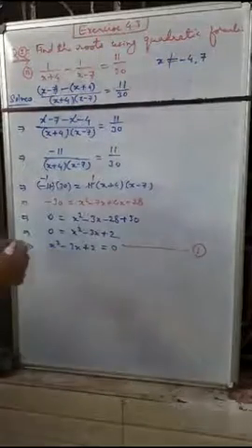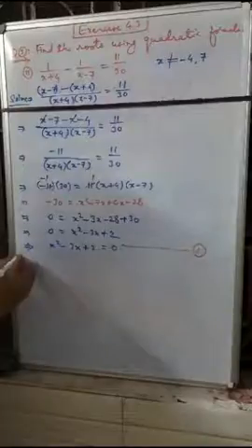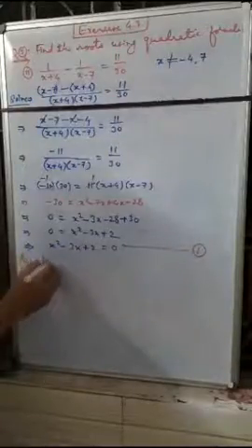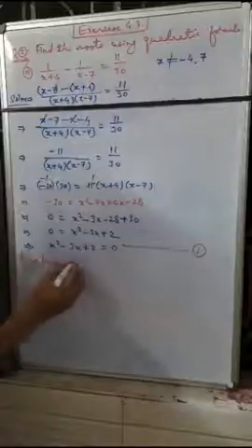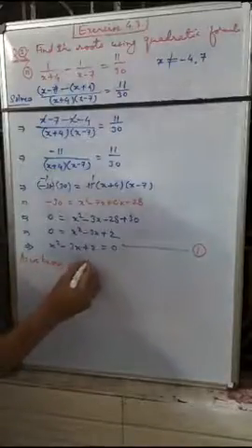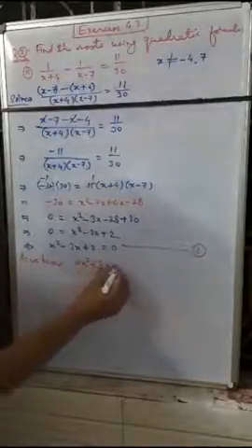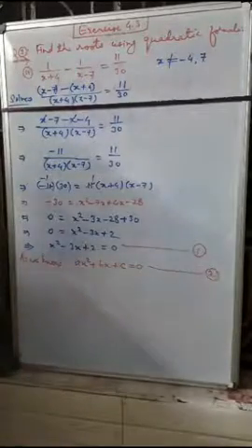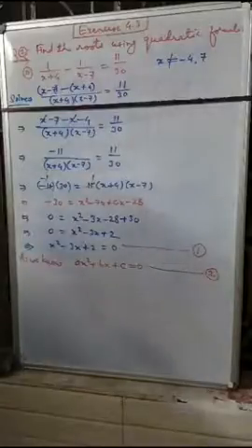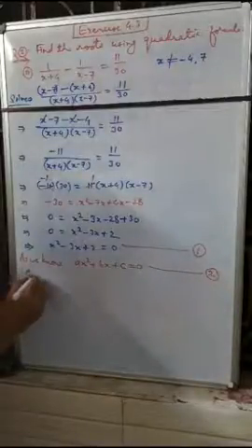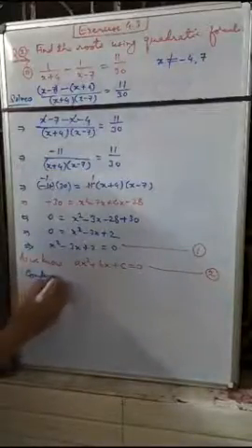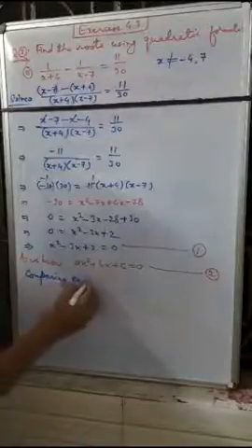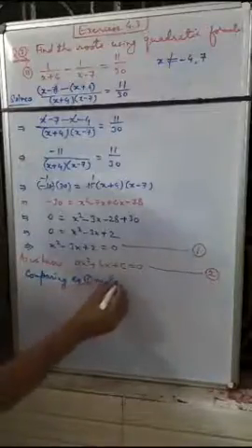Now, as we know, the standard quadratic equation is ax square plus bx plus c is equal to 0, equation number 2. We can compare both equations, equation 1 and equation 2.